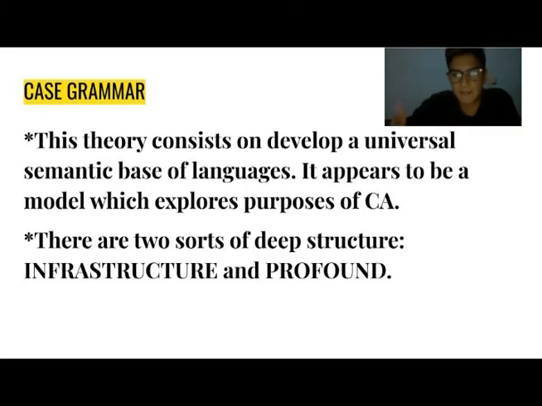Its disputed existence is the universal base hypothesis. In the case of infrastructure, it is the same that we are considering in transformational generative grammar, the theory mentioned before. Well, there are two types of linguistic universals that have been posited by linguists.